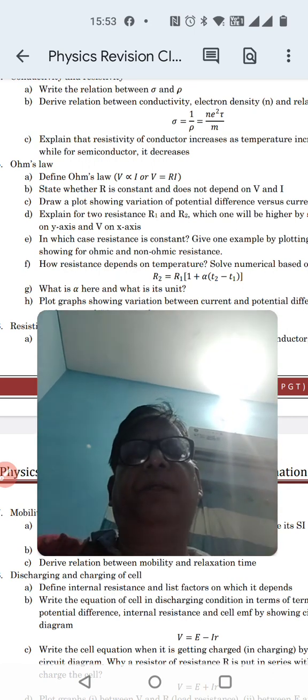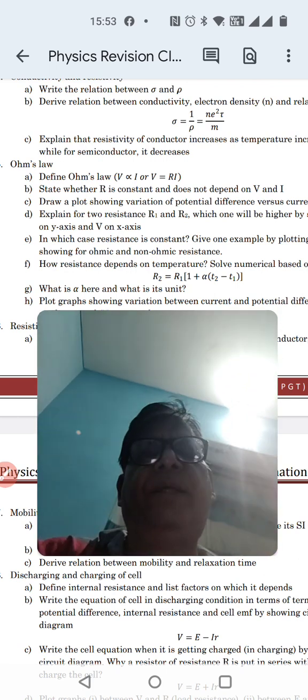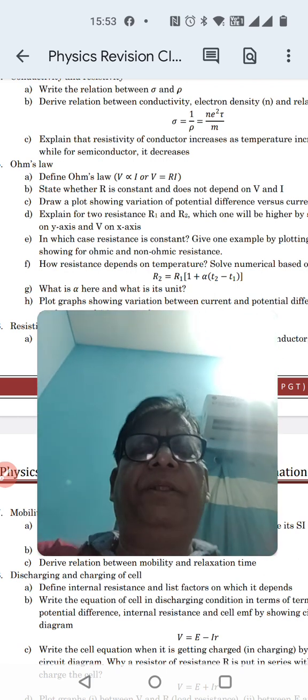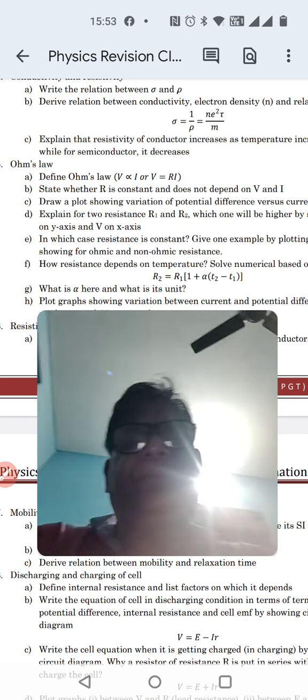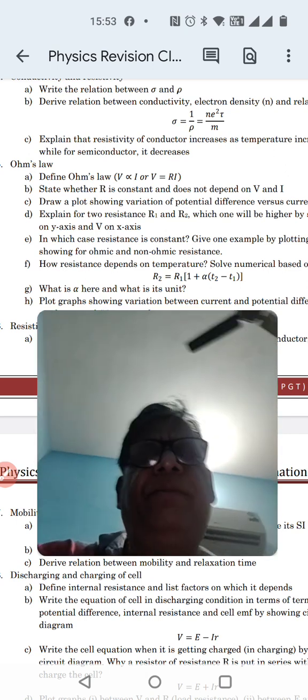Between I and V or V and I, it is a straight line and slope will be R1 if V on x axis and I on y axis. So higher the slope, higher will be resistance.